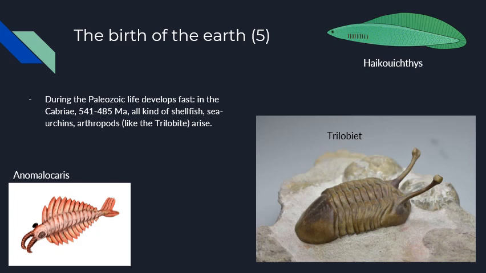If you see this, MA, it means mega annum. That is actually the same as megabyte in computer language. It means the same. So you're talking about millions of years ago. So that means you're looking at 541 million years ago.